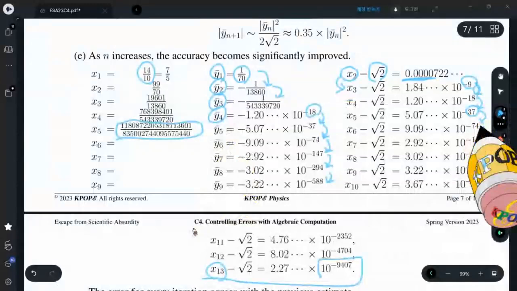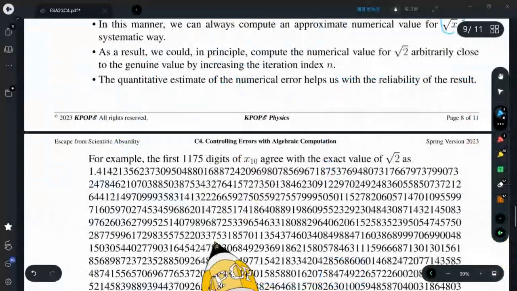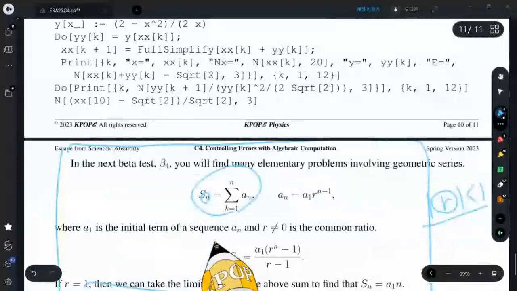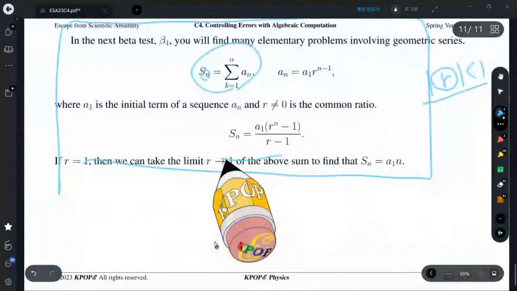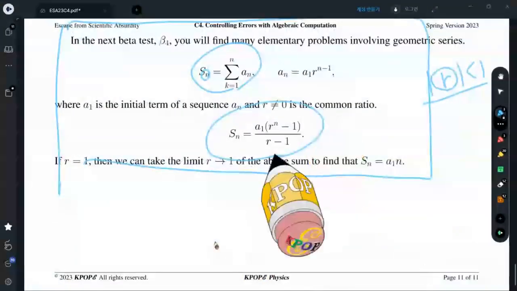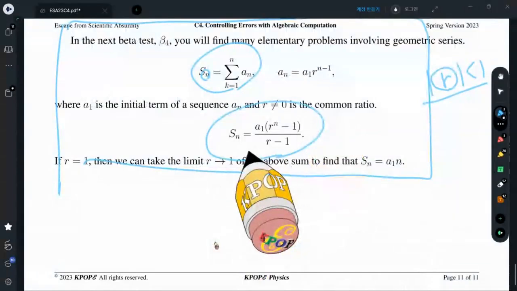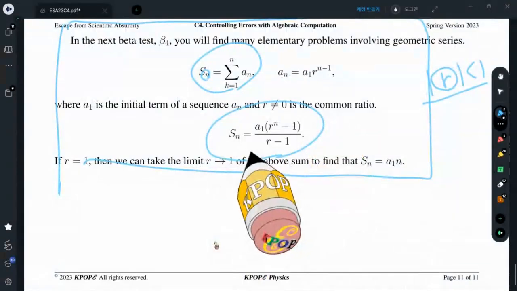Even though you only remember it from high school mathematics, this is a simple formula. This is an exact formula. So I will ask many questions from this elementary formula.